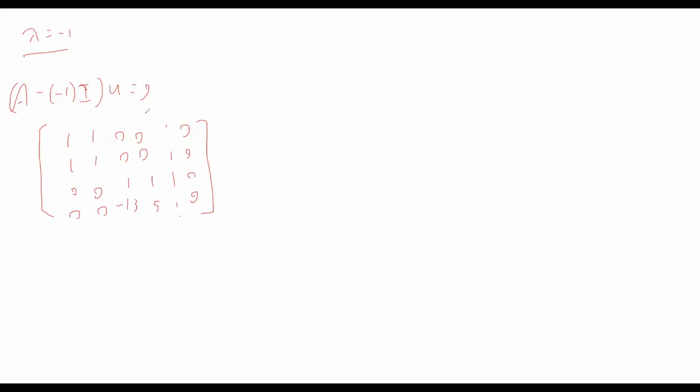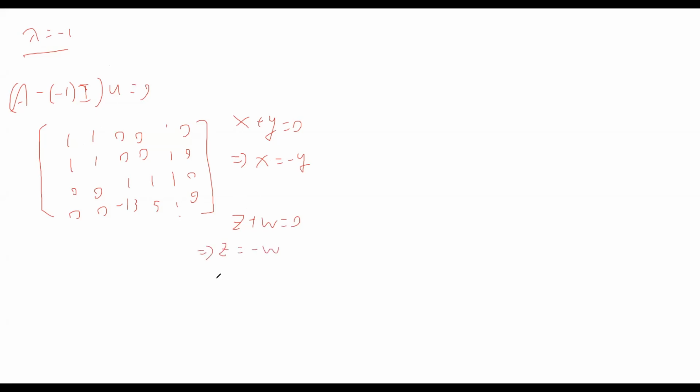All right, so lambda equal to -1 is pretty similar to that, right? Here we have x plus y is equal to 0. That means x is equal to -y, so maybe 1 and -1. All right, let's look at z and w. So z plus w is 0. That means z is negative w.